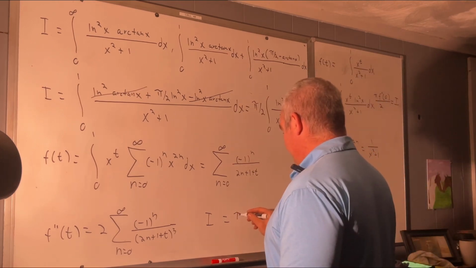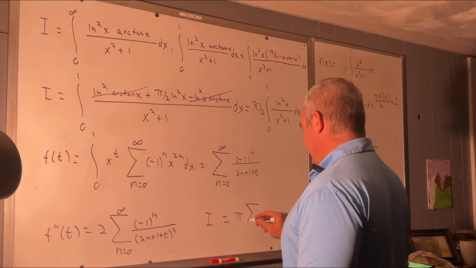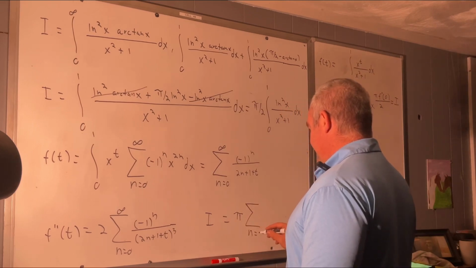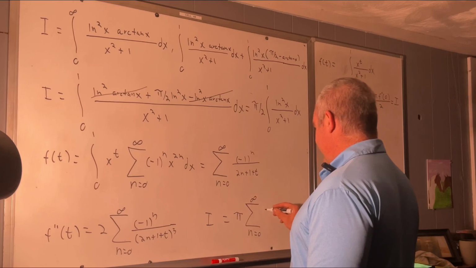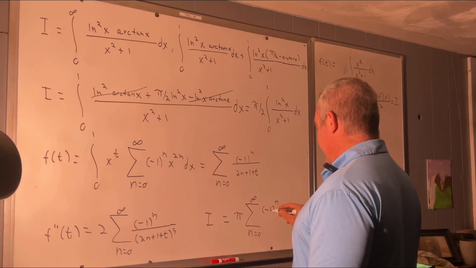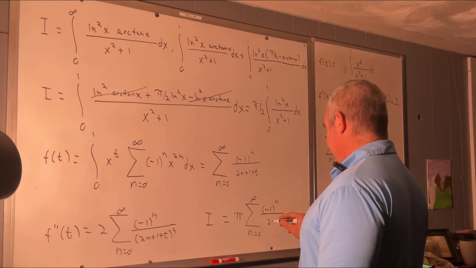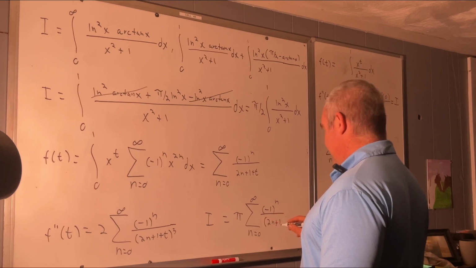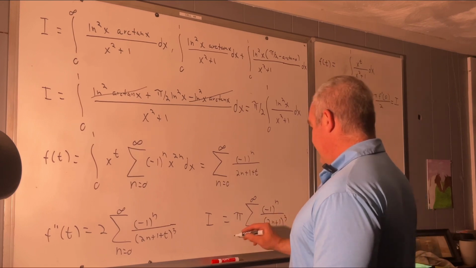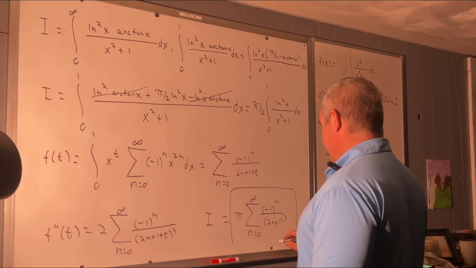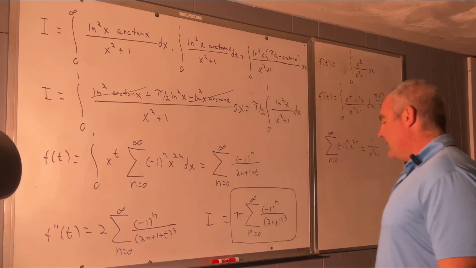So that's just going to be pi times the sum as n goes from 0 to infinity of negative 1 to the n over 2n plus 1 all cubed. And that's it.